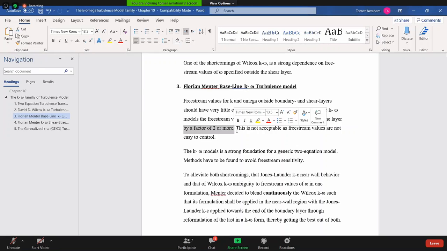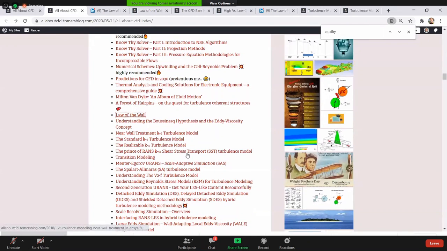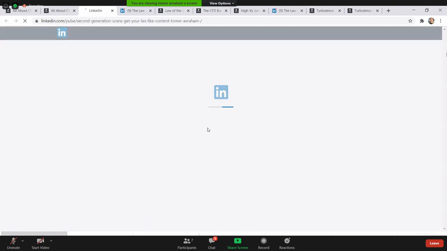If you heard of it. Have you heard of it? Yeah, is it the mesh adaptive or another thing? The scale adaptive simulation model, I have here, scale adaptive simulation.